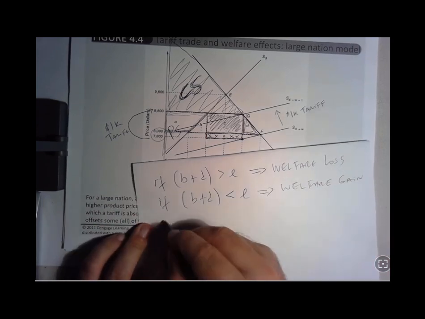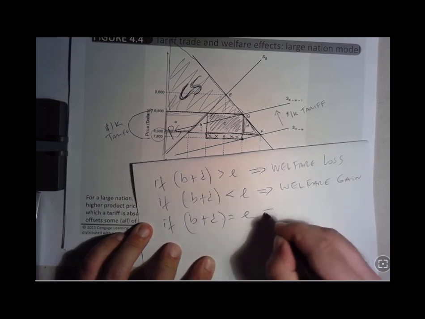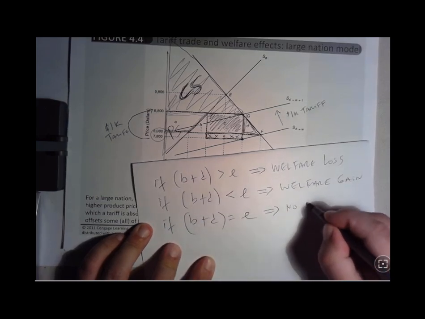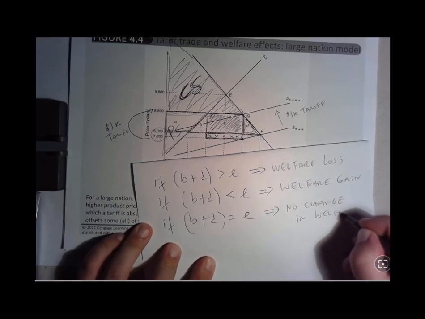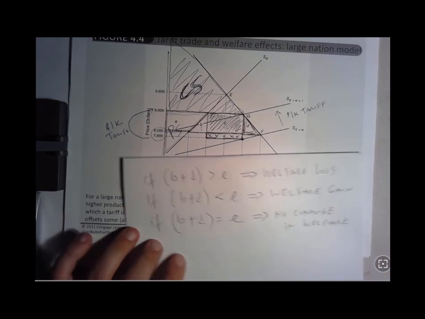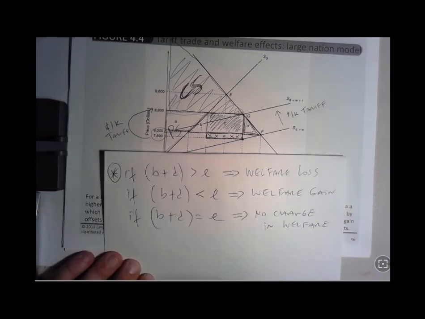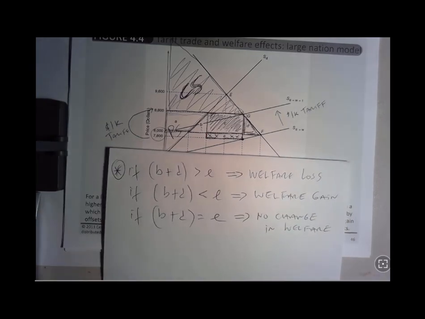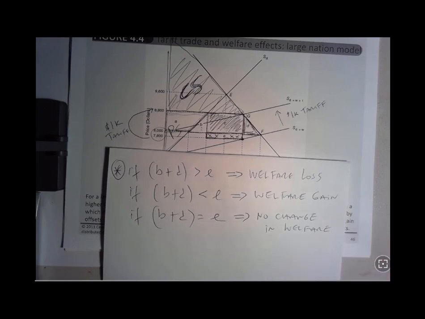It's also mathematically possible that B plus D are equal to E, and therefore there will be no change in welfare. So this one here is the typical scenario. However, it could be the case that the other two instances occur because, after all, it's mathematically possible. However, not normal.